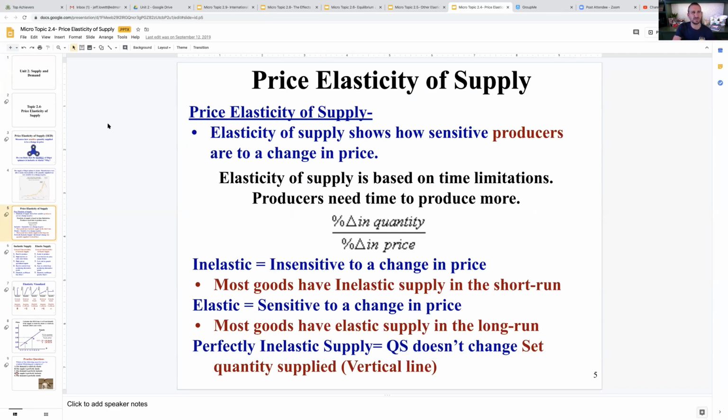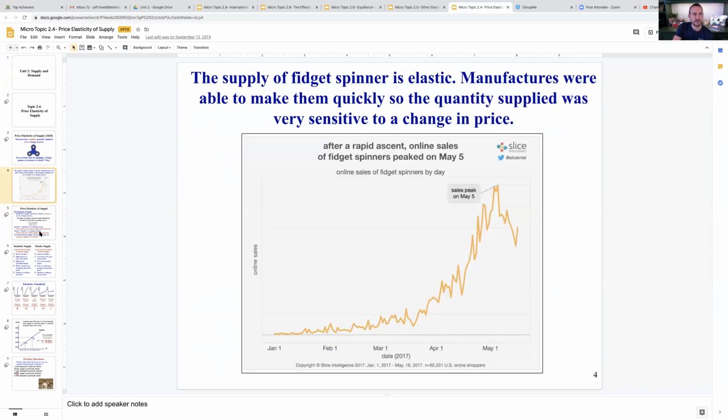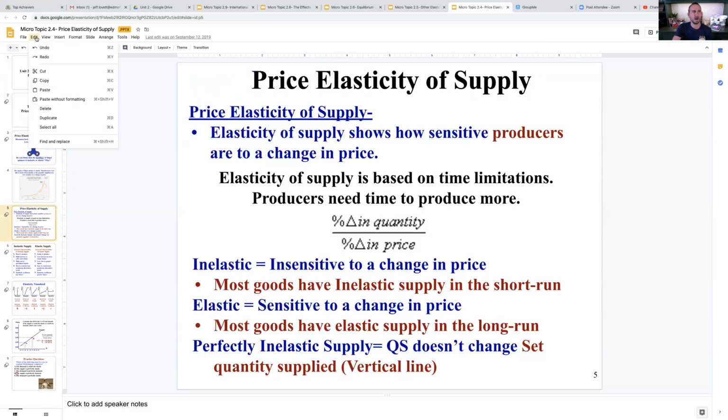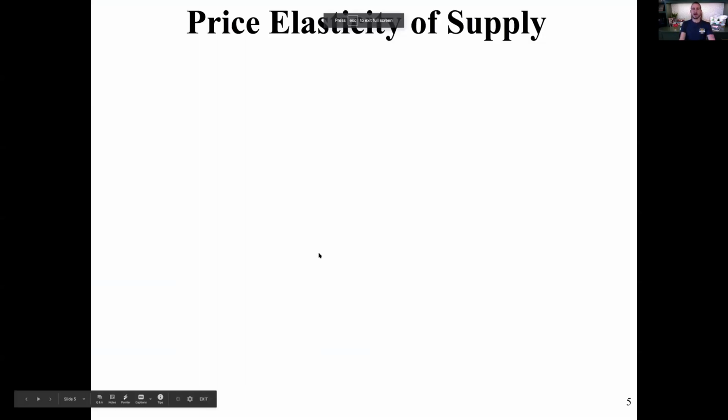Okay, so price elasticity of supply. Generally speaking, most goods have inelastic supply, and so you have to think about how producers are responding to a change in price. The reason most goods exhibit inelastic supply is it takes a little while for producers to adjust. If you're selling hats, and the demand for hats suddenly jumps through the roof and people are willing to pay a lot more for hats, you can't just have more hats.